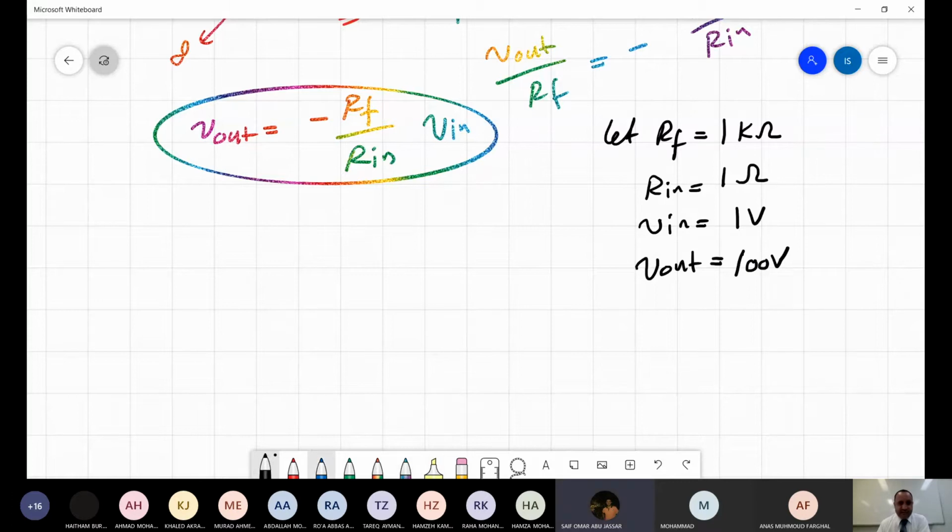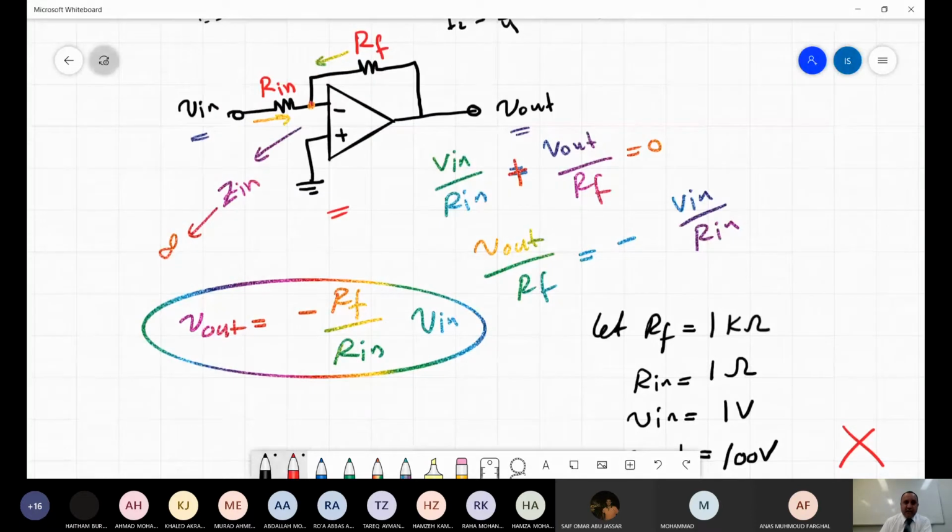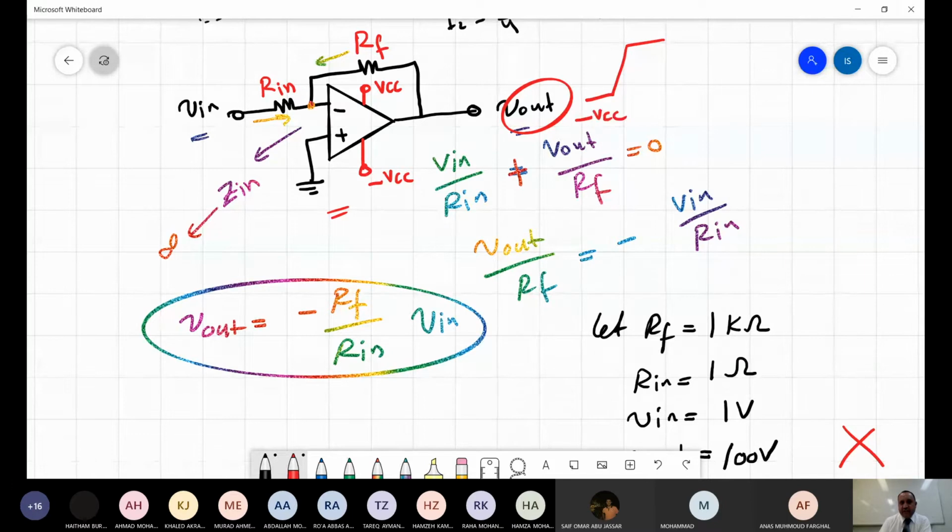Yes, but in physics this is impossible. Do you know why? Because this amplifier is not a passive amplifier. It needs excitation, VCC and minus VCC, which means that the output is restricted between minus VCC and VCC.